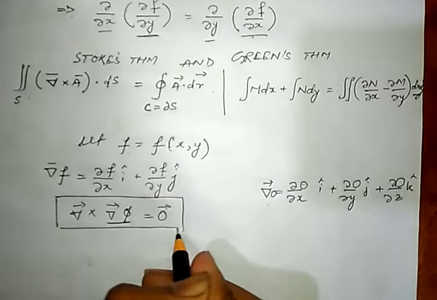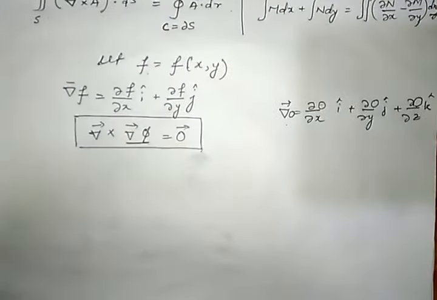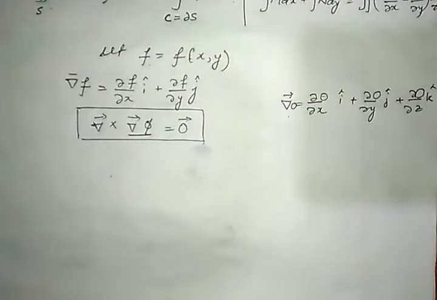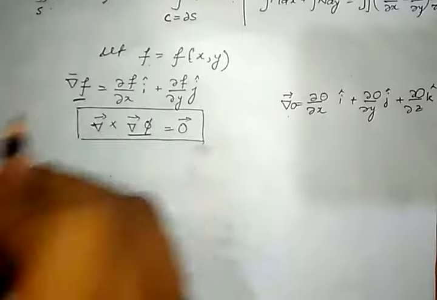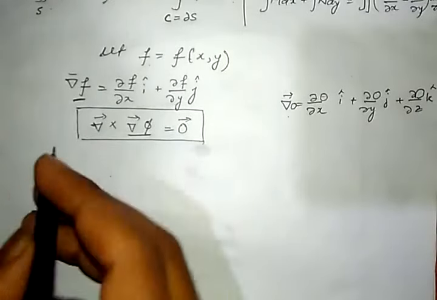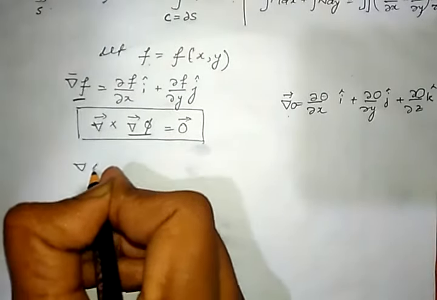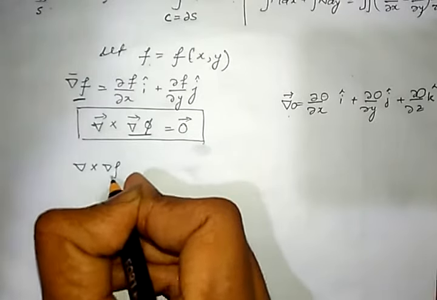This is an identity in vector analysis, and we are going to use this to further our proof. And so we are going to use the grad f here, and we are going to write it down as curl of grad f.